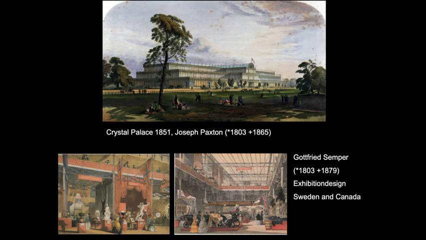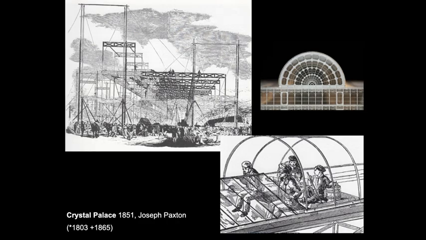It is an exhibition building, and so it is very important for the light to get in, and it was the idea of a very offensive production of the building.